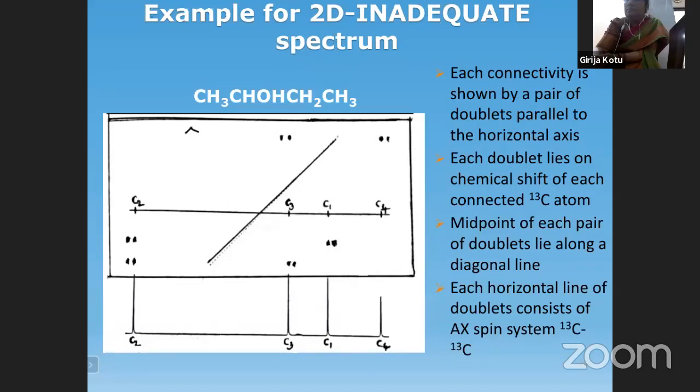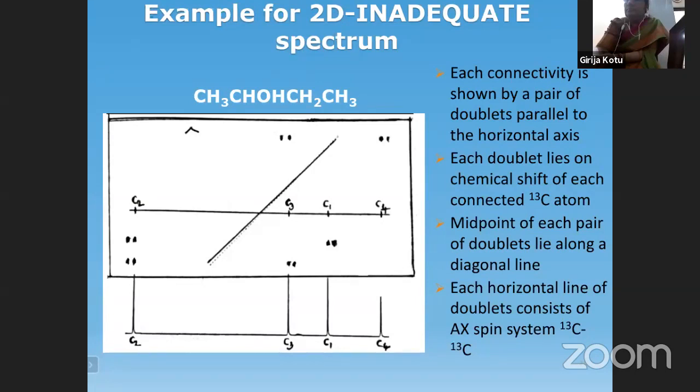For example, you have 2-butanol. The downmost signal is the second carbon, next is the third carbon, next is the first carbon, next is the fourth carbon. Now, if you consider the second carbon, it has connectivity to one carbon on one side and the third carbon on the other side. So that means it has to have two connectivities.